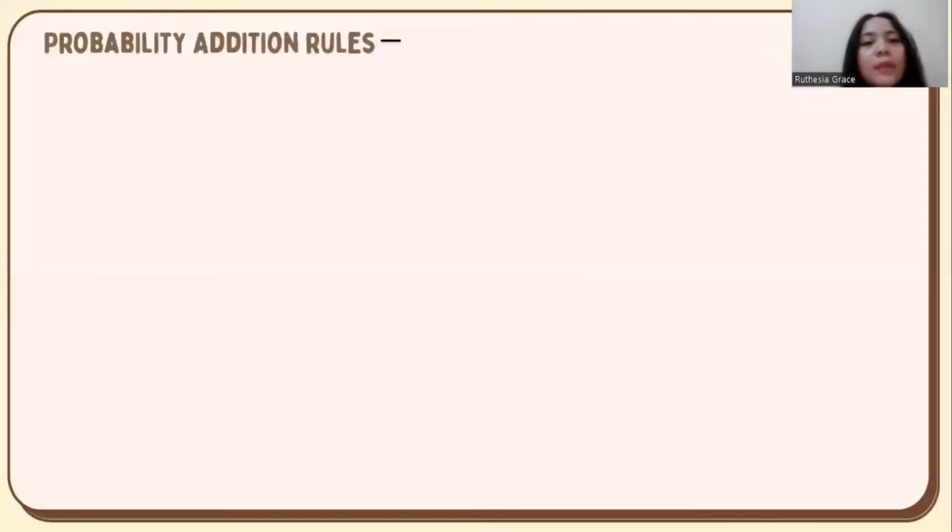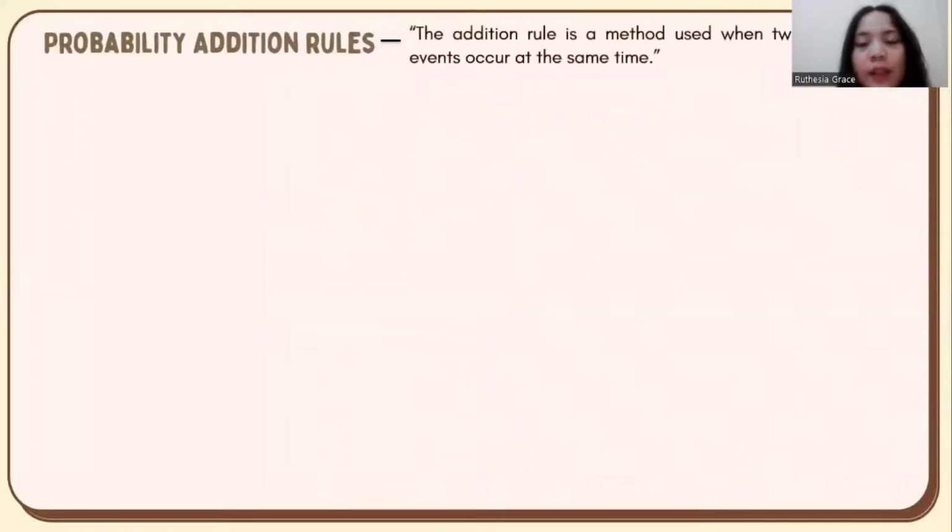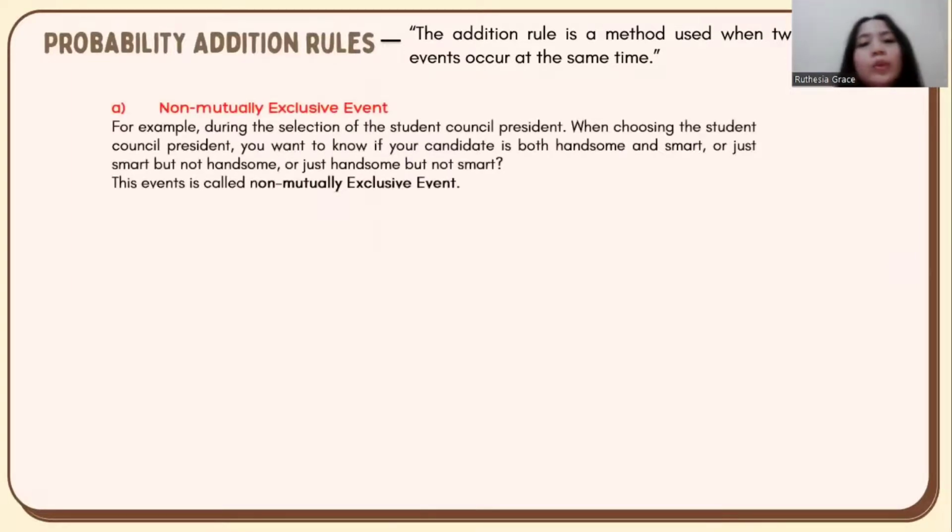Next is probability addition rules. The addition rule is a method used when 2 or more events occur at the same time. First, we have non-mutually exclusive events. For example, during the selection of the student council president, when choosing the president, you want to know if your candidate is both handsome and smart, or just smart but not handsome, or just handsome but not smart.